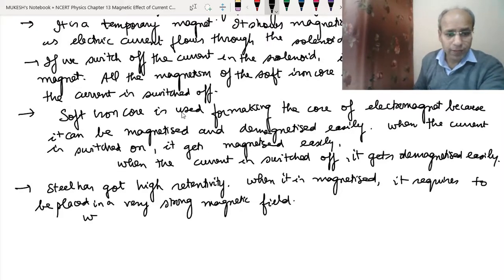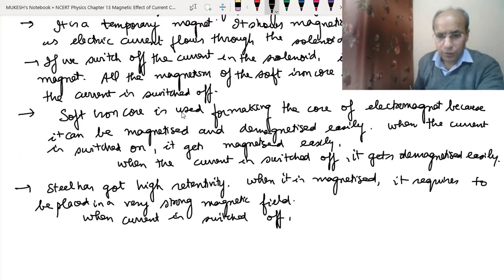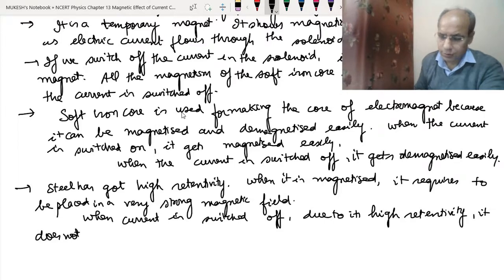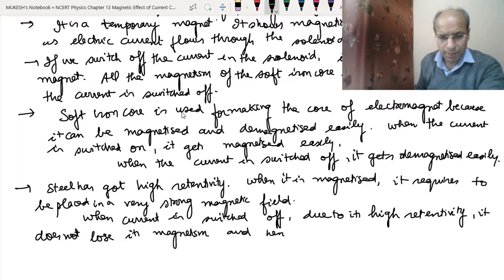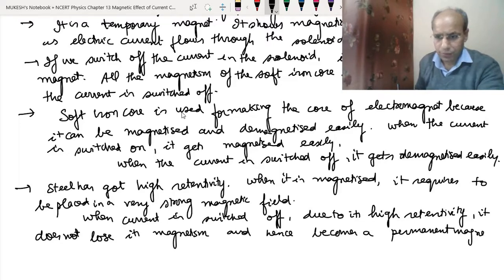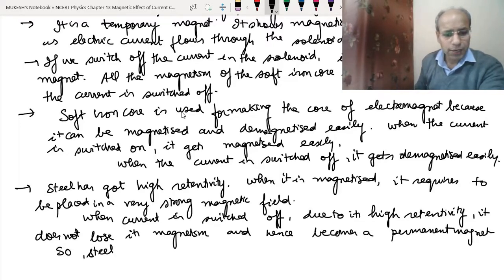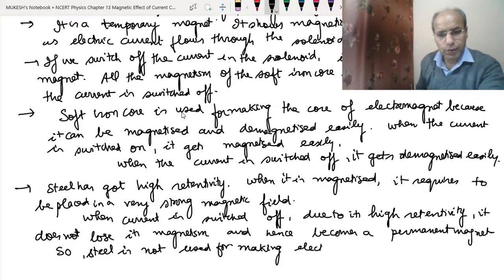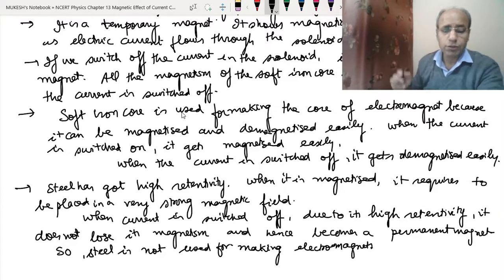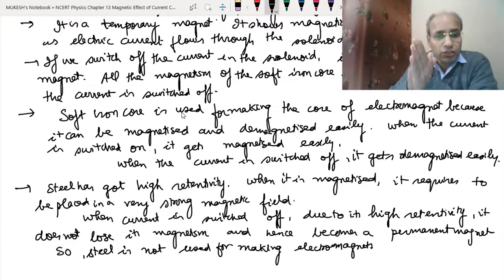Okay, when the current is switched off, due to its high retentivity, it does not lose its magnetism and hence becomes a permanent magnet. So steel is not used for making an electromagnet. I hope this is clear to you. So why don't we use steel? Why do we use only the soft iron core?